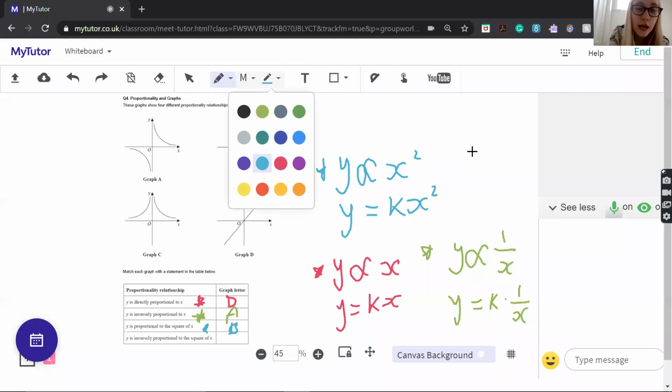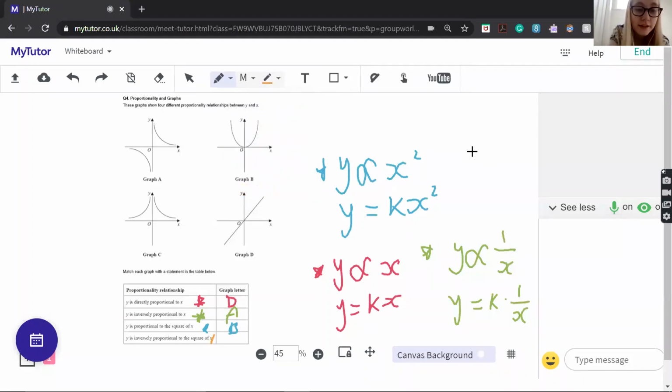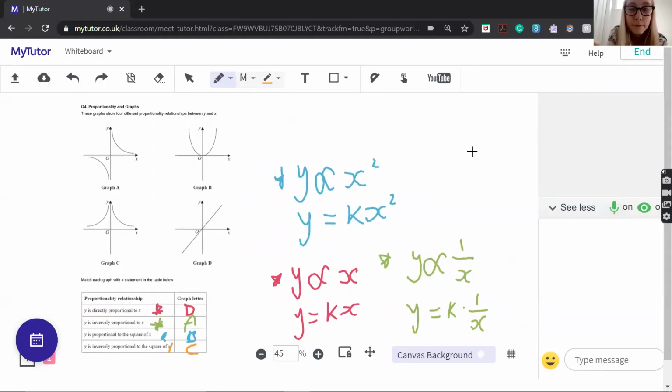And then finally, by process of elimination, we know that this one's going to be C. But let's have a quick think about why. Also, it doesn't matter if you don't understand this one. If you could do it by process of elimination, that is good enough. Kind of sneaky exam tricks. So y is inversely proportional to the square of x.